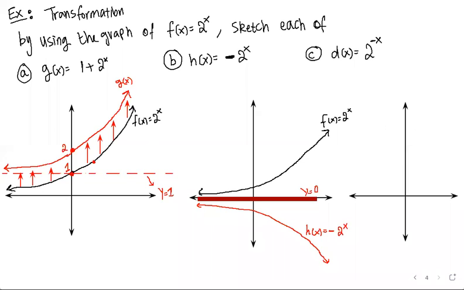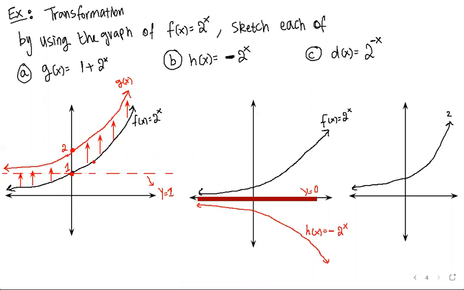For the last one, who will do the last one? For the last one, like Chris said, we flip it around the y-axis. This is true. So the original curve is like this.